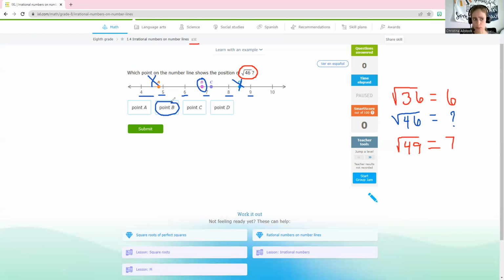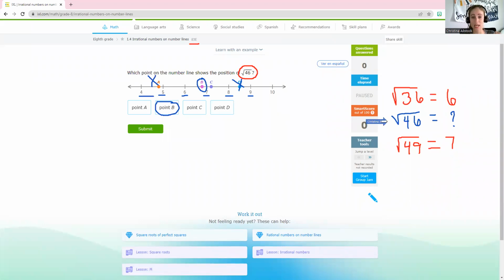So we're going to do some more examples like this, but this is how you can use your knowledge of perfect squares to help you estimate the value of non-perfect squares without using a calculator. As a quick recap: we need the square root of 46, but I know that isn't a perfect square.